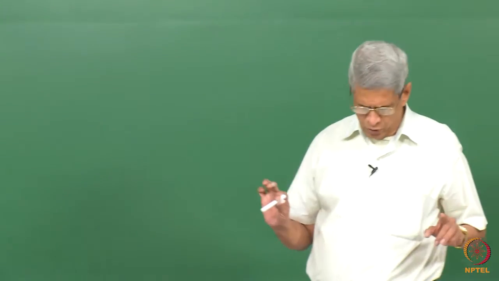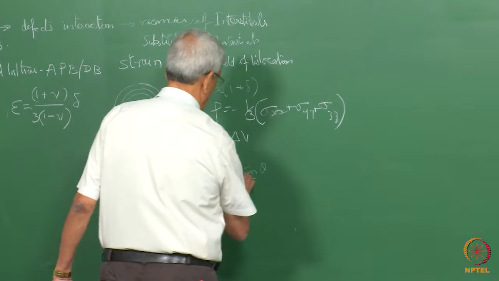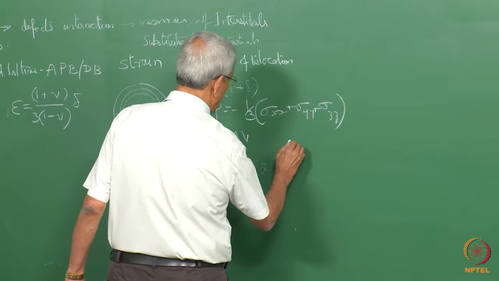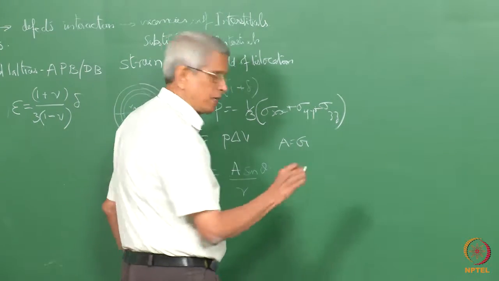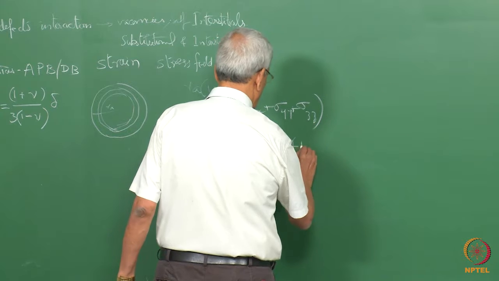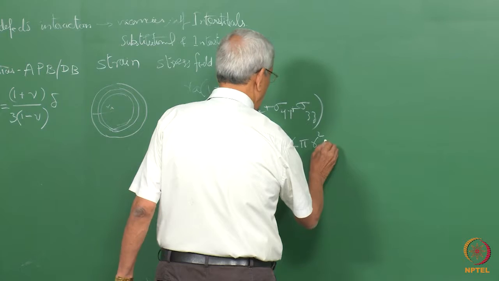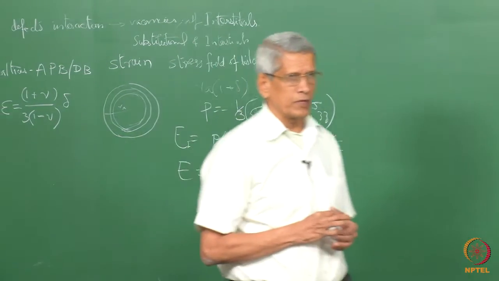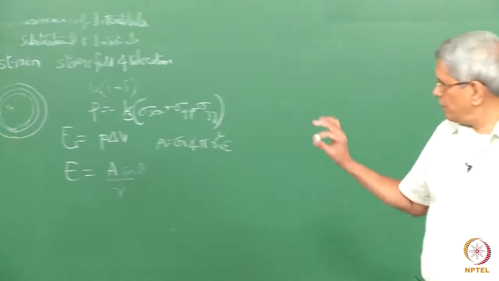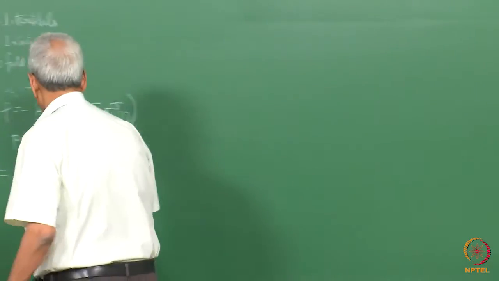What is essentially going to happen is that this constant will consist of shear modulus, then the volume term, some part 4 pi R A squared will come, and the strain also will come into the picture.